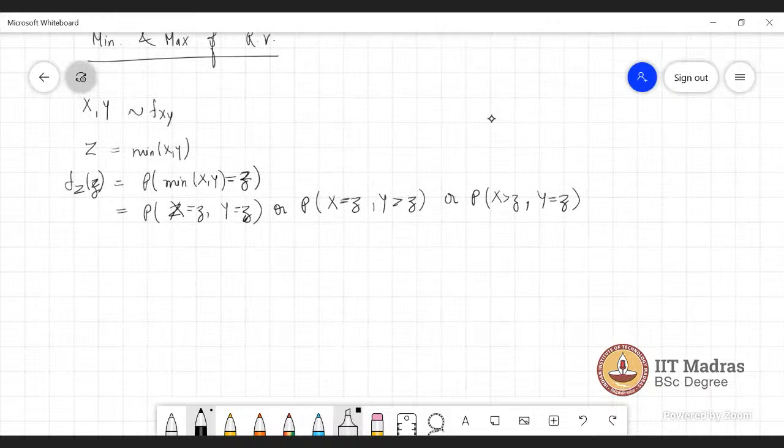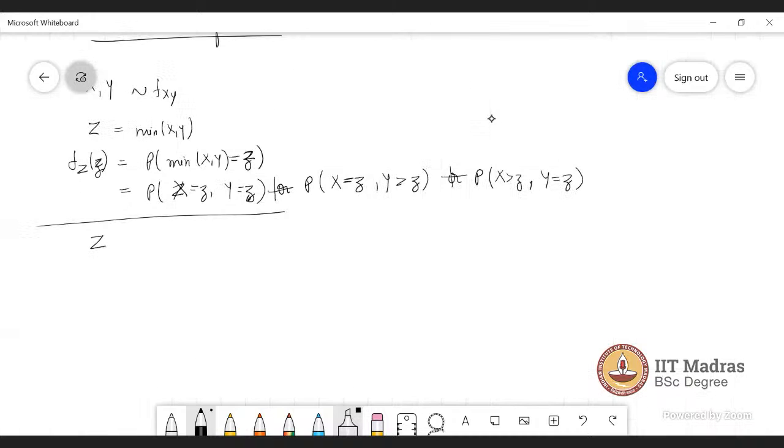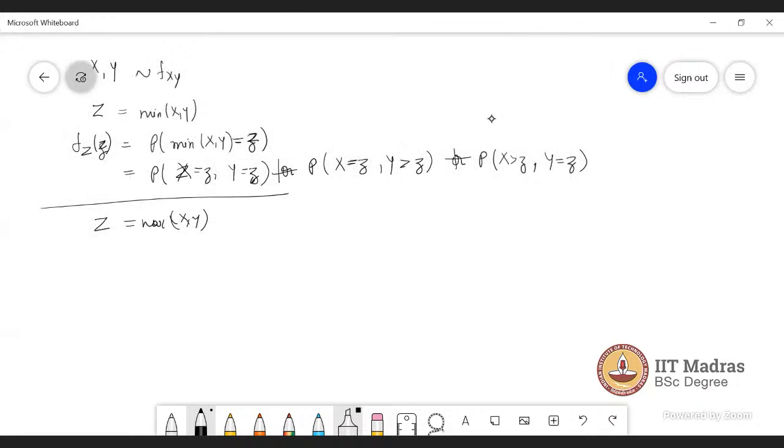Now in case you define z to be the max of x, y, then the probability that maximum of x, y equals z: either both x and y will be equal to z, or if x is the maximum, then y should be less than z.